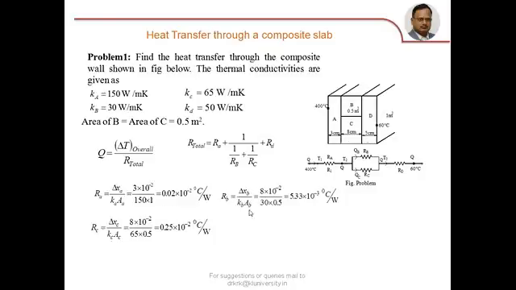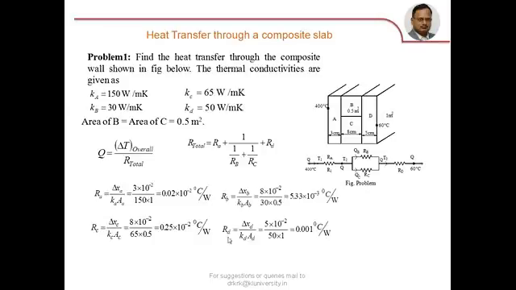RC: del XC, again 8 centimeters, KC thermal conductivity 65, area of C 0.5 meter square. RD: del XD, the thickness, is 5 centimeters, K of D is 50 watts per meter Kelvin, area 1 meter square.